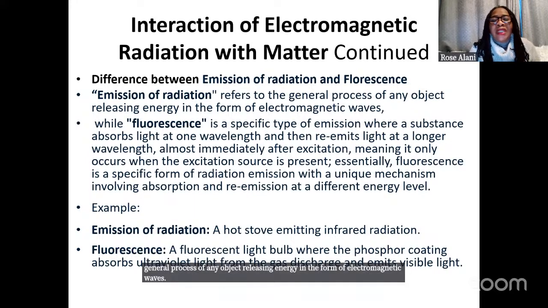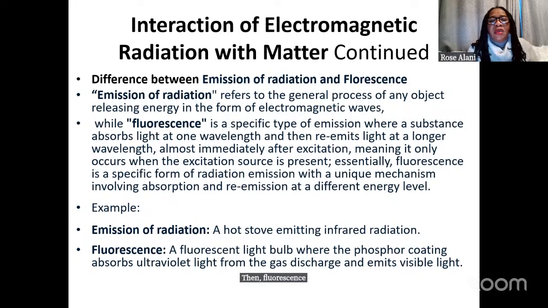Fluorescence is a type of radiation emission, but this one is different because it absorbs light in a particular wavelength and emits it at a longer wavelength, different from the wavelength at which the light was absorbed. This leads to re-emission at a different energy level.